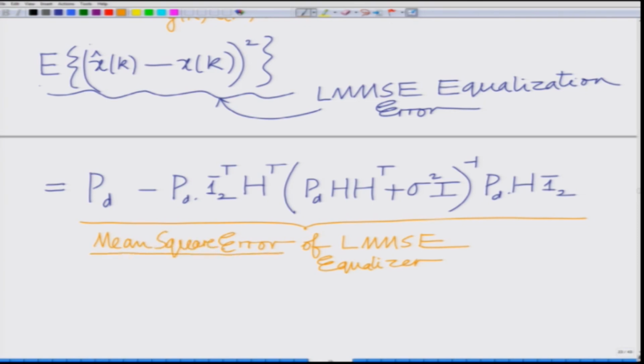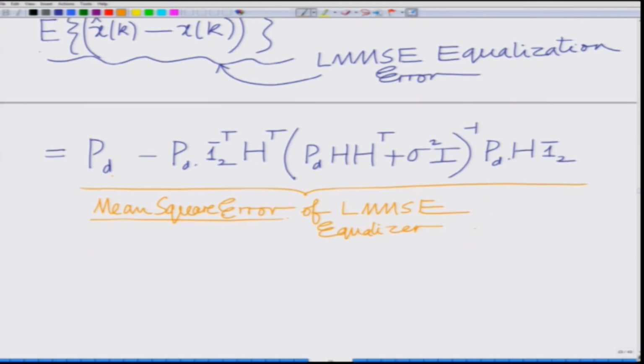The mean square error of the LMMSE equalizer is PD minus PD 1 bar 2 transpose H transpose into (PD H H transpose plus sigma square I) inverse into PD H into 1 bar 2. So that is the error of the LMMSE equalizer. What we have done is basically two things: we have derived the LMMSE equalizer and also the corresponding error for the LMMSE equalizer.